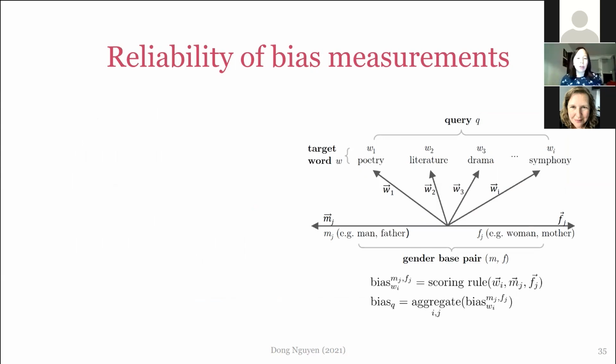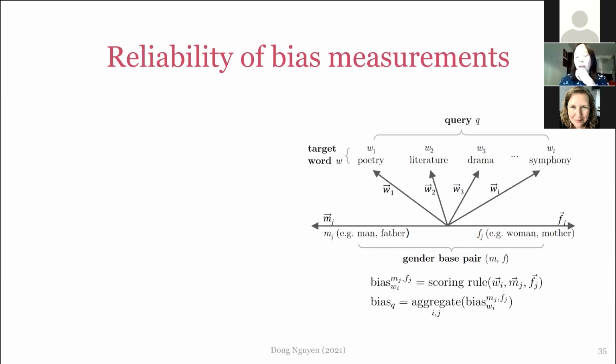So this is a study that we did recently where we looked at the reliability of bias measurements, because there have been many methods proposed to measure these biases in word embeddings. The study that we did, with Yupei Du and Qishan Fang, took a step back and looked at these different methods that have been used, in particular at the reliability of these bias measurements.